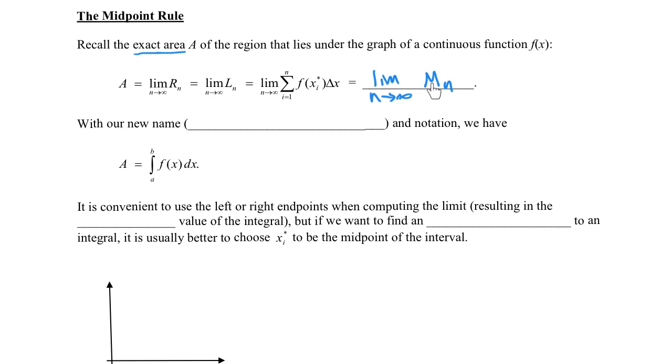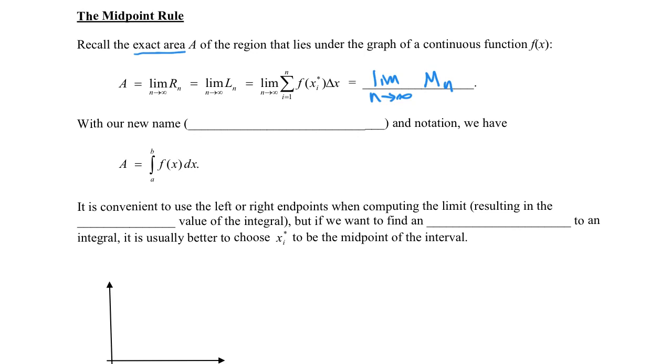And that's when we're going to look at the midpoint rule, because typically what we'll find out is if you're not taking the limit, if you're just going to get an approximation, because sometimes we're going to see these limits are not easy to deal with. So if you're not going to get the exact area, but you're going to get an approximation, very often this is going to be the better one, the more accurate one, more accurate than these two. But we'll see that in a second.